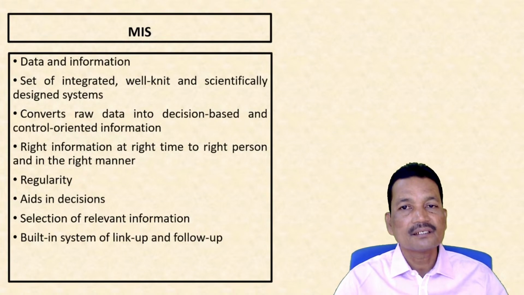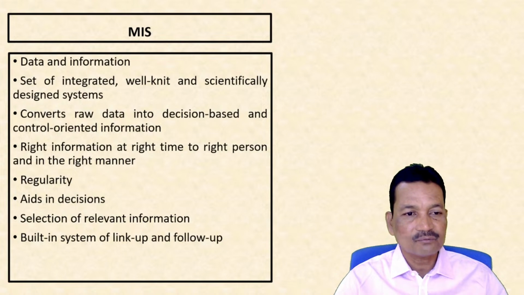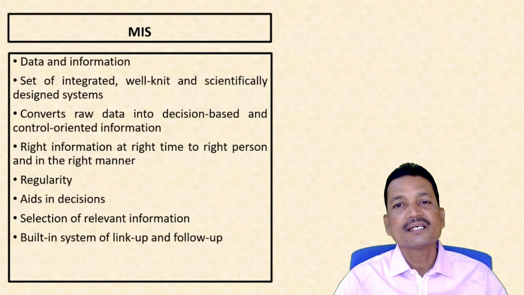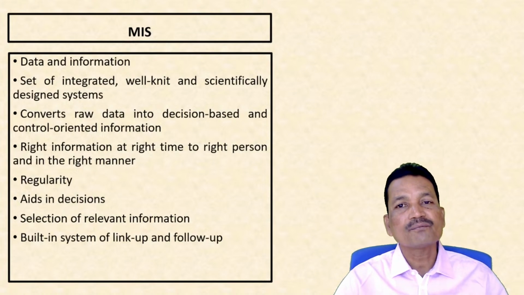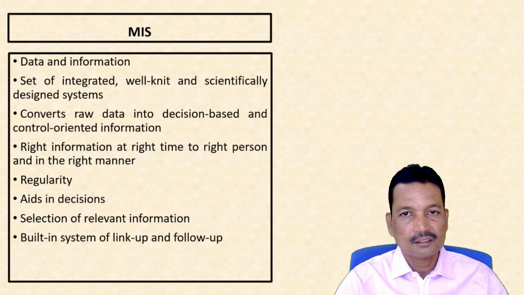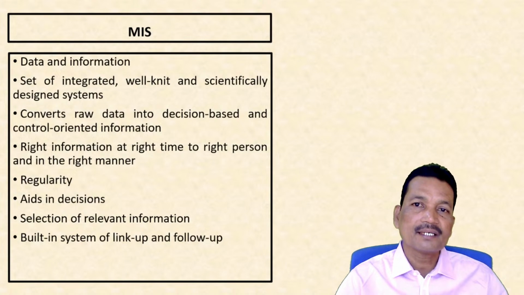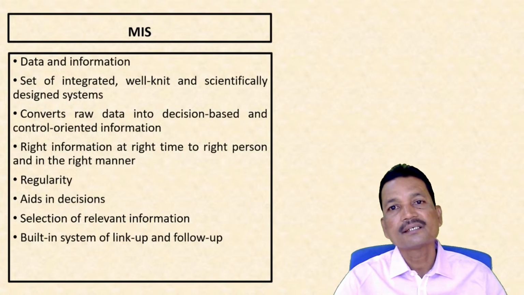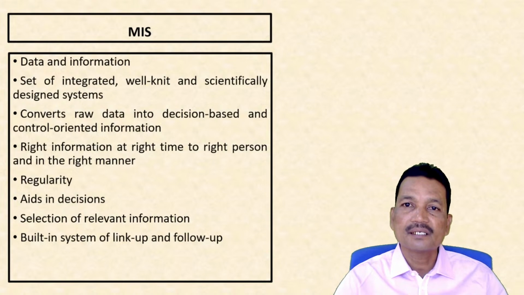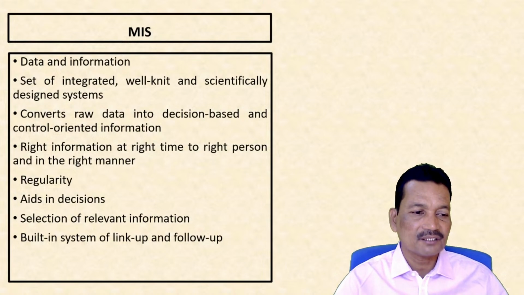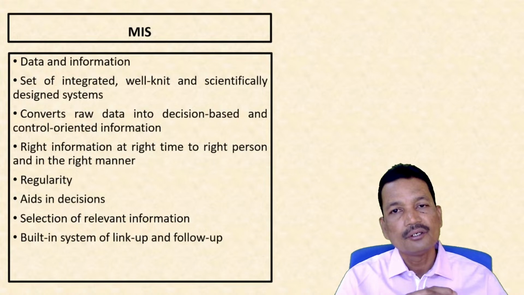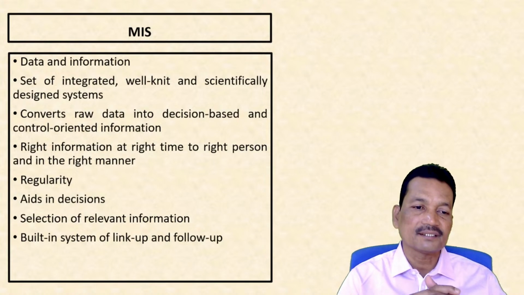Nowadays, the IT sector has converted this information system so that the information is continuously flowing from one end to the other. Otherwise, you can have information at regular time periods, like every week, every month, etc. The management information system should help us in taking decisions.